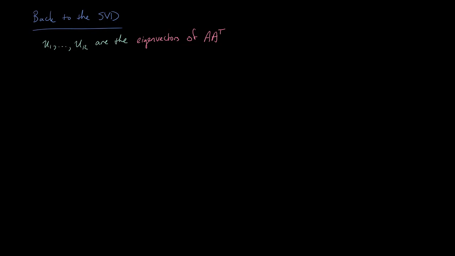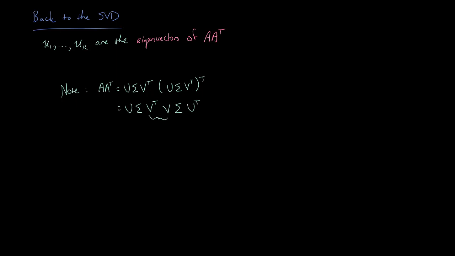To see this, first note that A A transpose, if we just express A in terms of the SVD, we can write it as U sigma V transpose times U sigma V transpose, transposed. Now if we distribute the transpose on the second version of this matrix, we have to swap the order and we get V times sigma, which is a diagonal matrix, so it doesn't change when we apply the transpose, times U transpose.